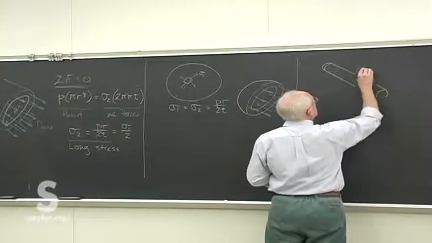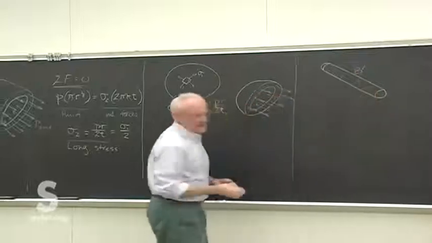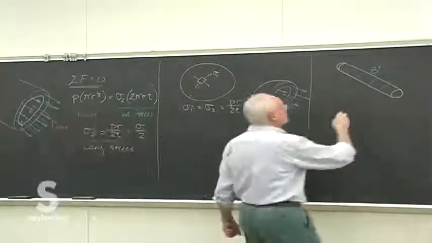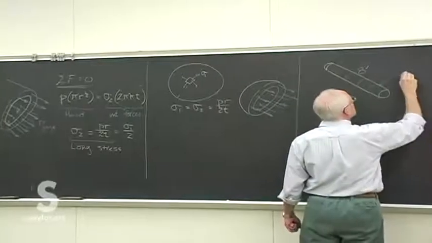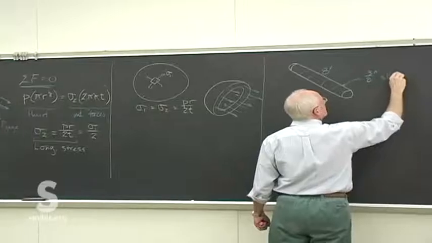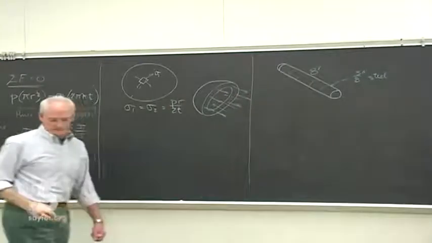All right. Tank is 8 feet long. The cylindrical part has a wall thickness of 3/8 inch and made of steel.